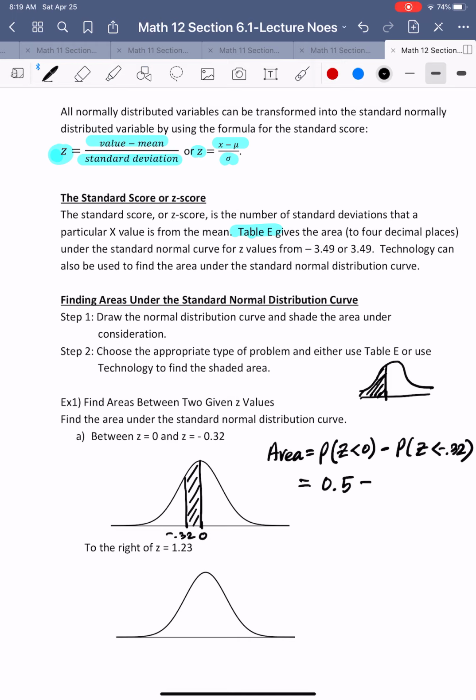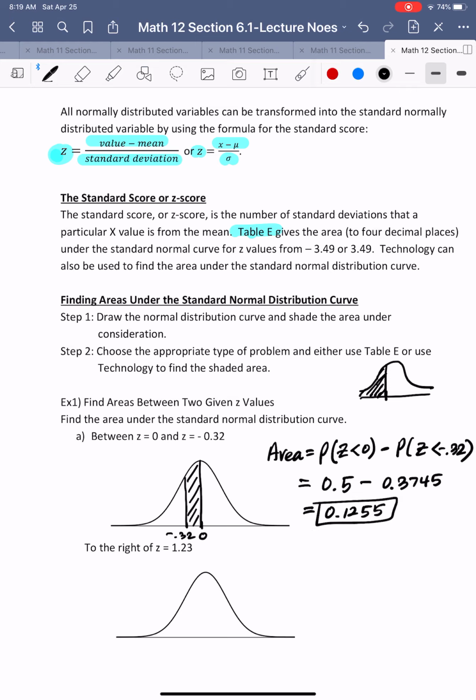Then if you find negative 0.32, it gives us 0.3745. So it becomes 0.5 minus 0.3745, which is 0.1255. So that's the area between.